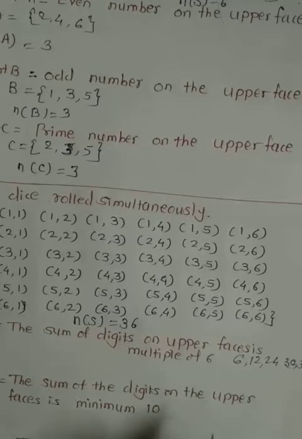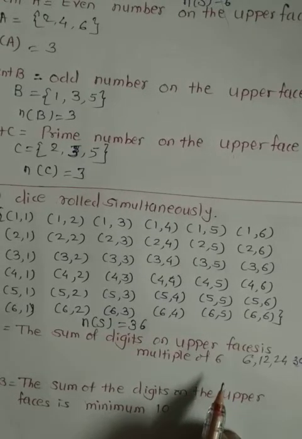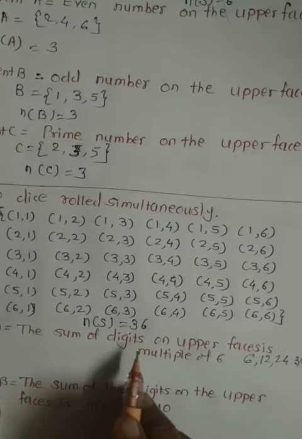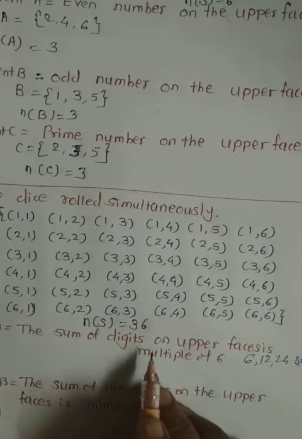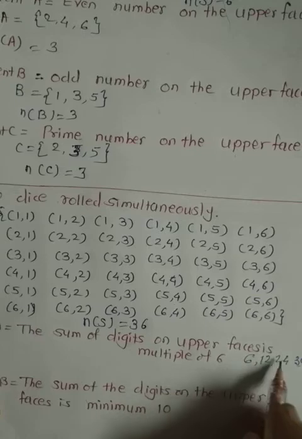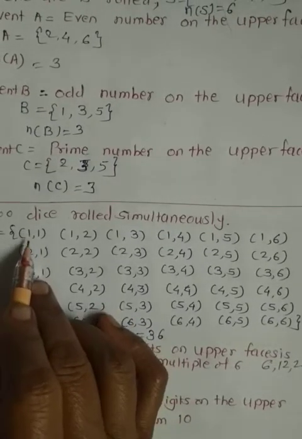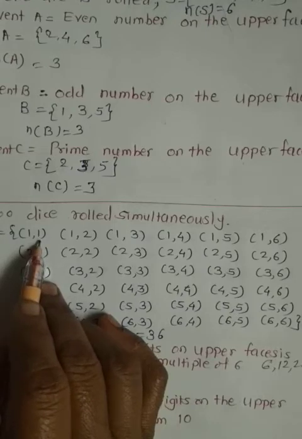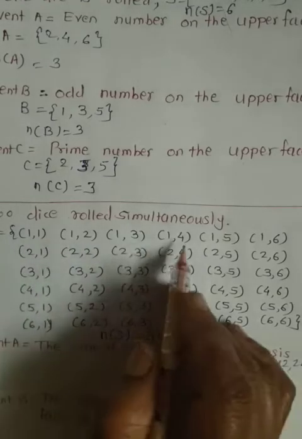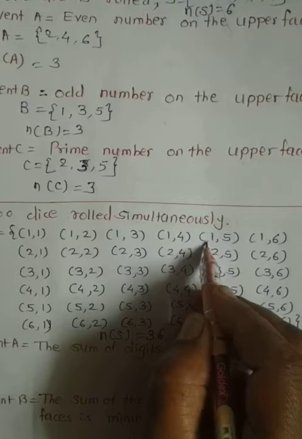This means we have to choose such pairs of numbers whose sum of digits is a multiple of 6. Now if we take the sum of digits 1 plus 1, 2, that is not 6.